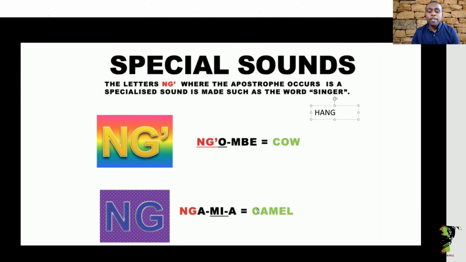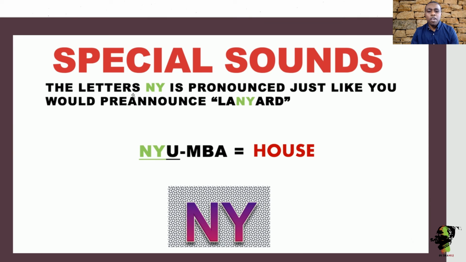Then we have the letters NG without the apostrophe, which is ngamia. So the difference between these two is that the one with an apostrophe is hang, ngombe, but this one is just ngamia. Well done. Then we have some special sounds.